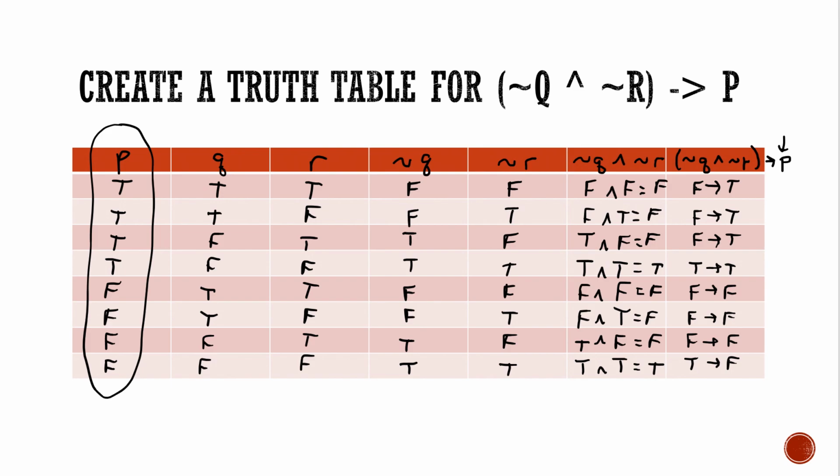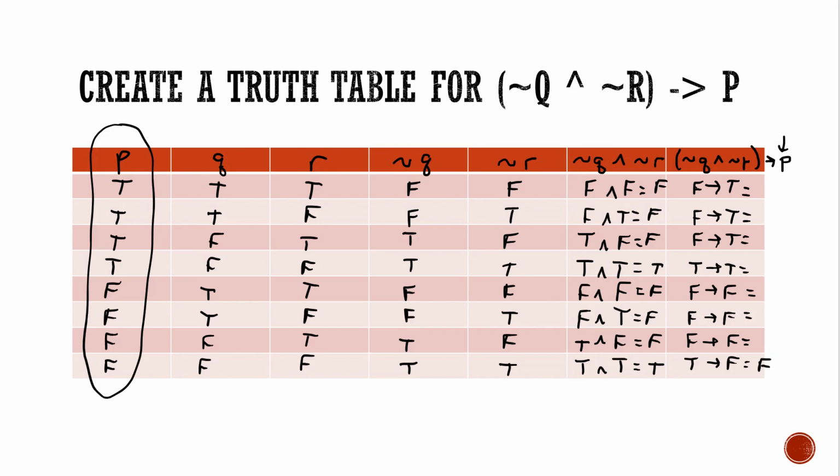Okay, so the last thing I need to do now is I need to find the answers for these expressions. So these are if-thens. Remember, there's only one case where an if-then is false, and that's this case. An if-then is only false if you start out with true. If true, then false.